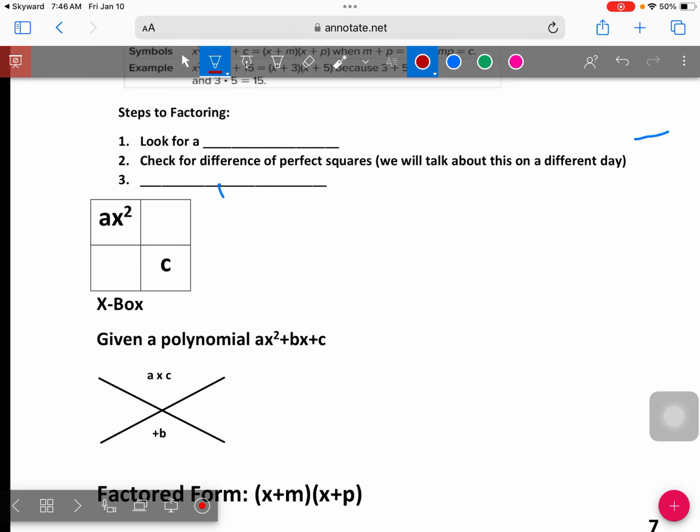These are the very initial steps to factoring. First of all, when it says to factor, you initially need to look for a greatest common factor. You already knew that, but we're just rewriting it again. Greatest common factor, otherwise known as a GCF.